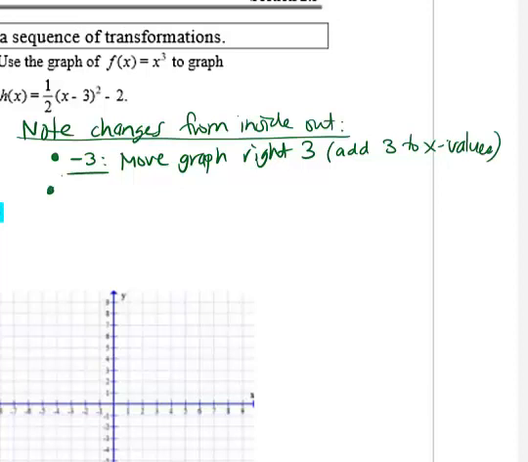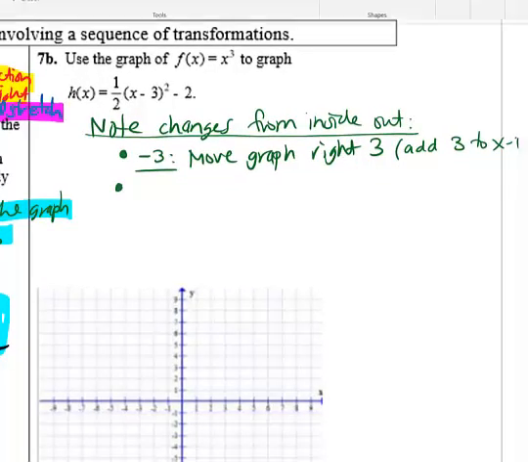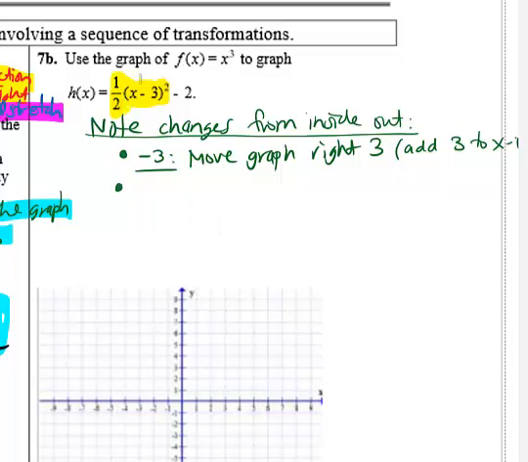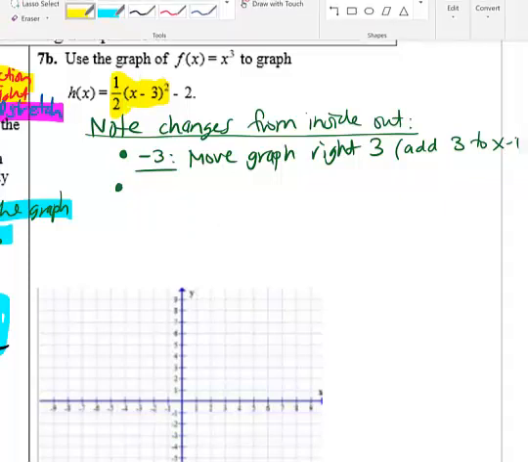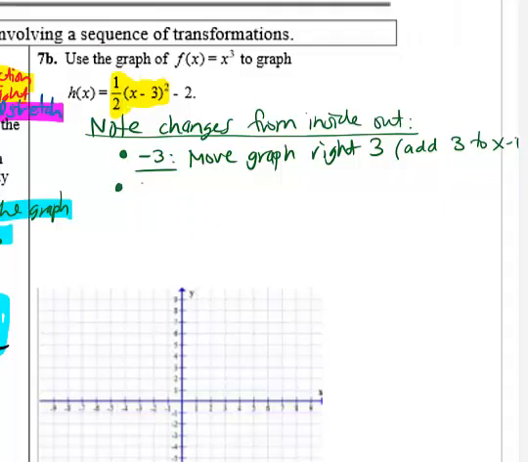And then if I look at the function a little more carefully, I've got the x minus 3 squared. To me the next closest thing to x is this half. So like I said, I'm trying to work my way from the inside of the function out. The half, what does that do? Since that thing is outside the function, it's going to be a vertical change. So it's like that k times f of x, what we mentioned before. If the k is larger than 1, it's a vertical stretch, but if k is smaller than 1, it's a vertical shrink.